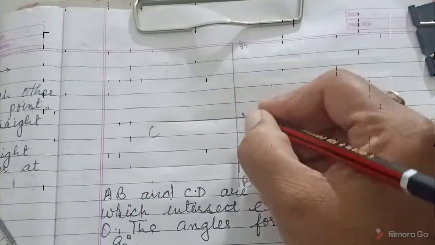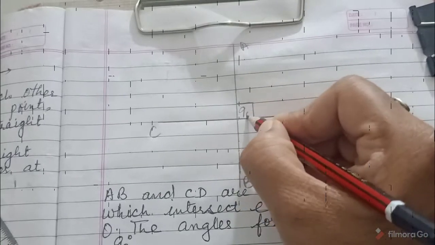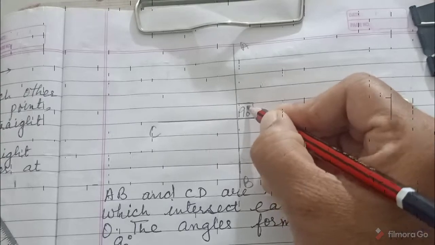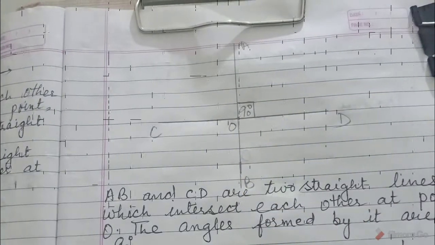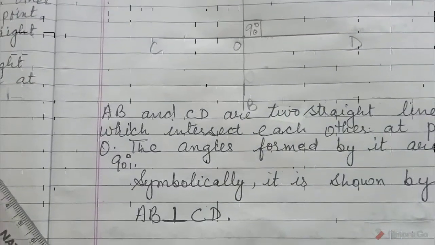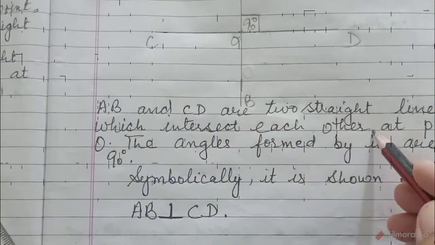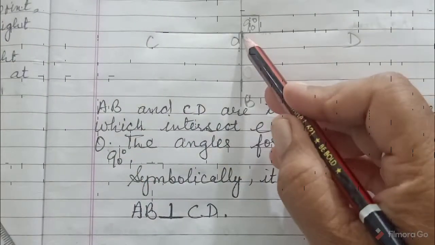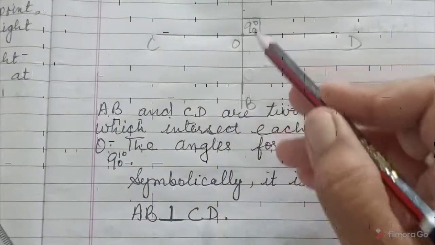These two lines are perpendicular to each other, at 90 degrees between them at point O. AB and CD are two straight lines which intersect each other at point O. The angles formed by them are 90 degrees.